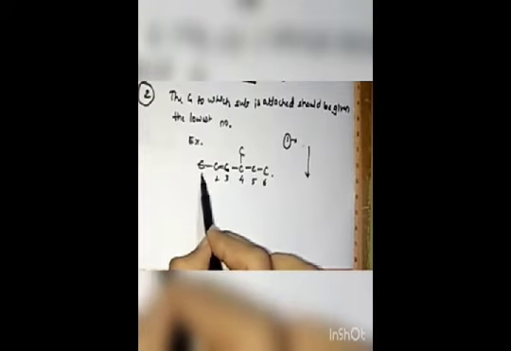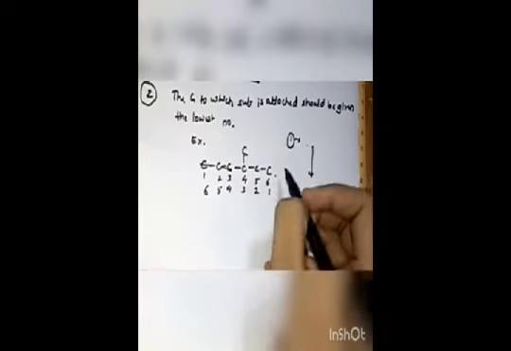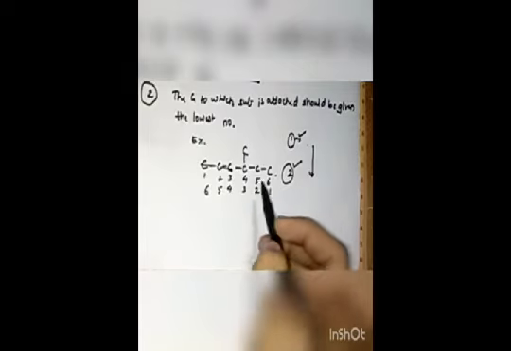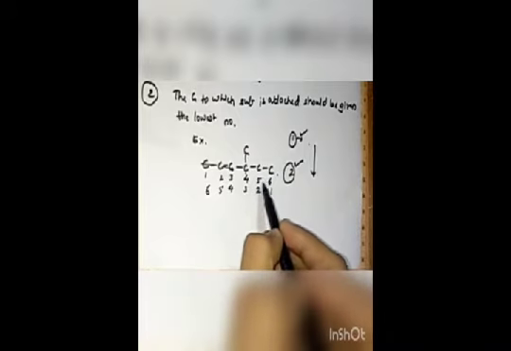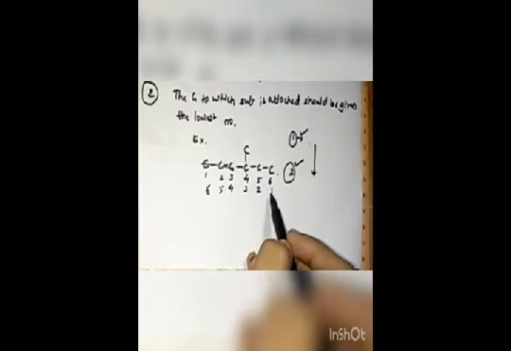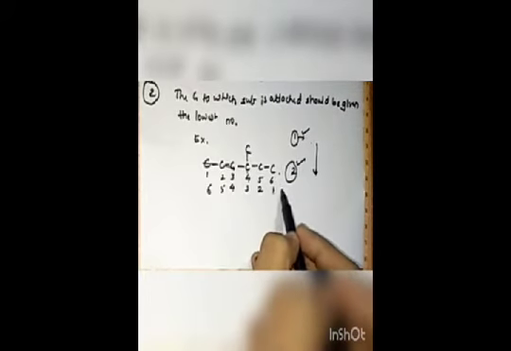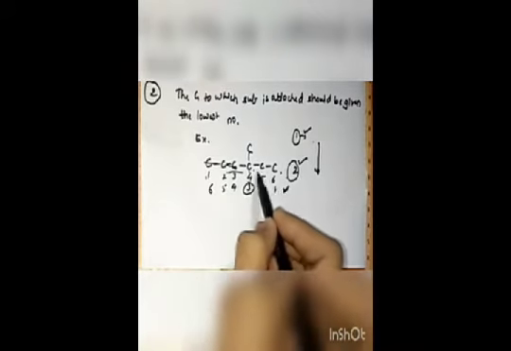We numbered it once from the left side. Now we'll number it from right to left: 1, 2, 3, 4, 5 and 6. We have followed rule number 1, and now we are following rule number 2, that is, the substituent-attached carbon should get the lowest number after numbering. So this one is correct, as it's getting the third number, whereas when you number it from left to right, it was getting a 4.